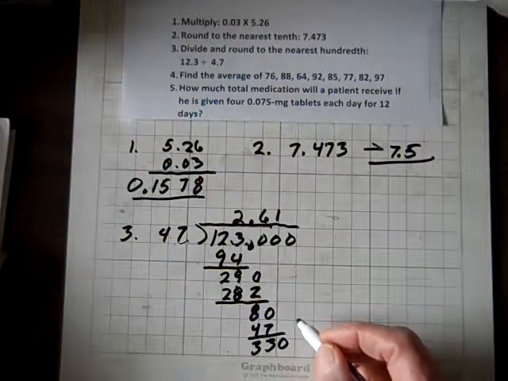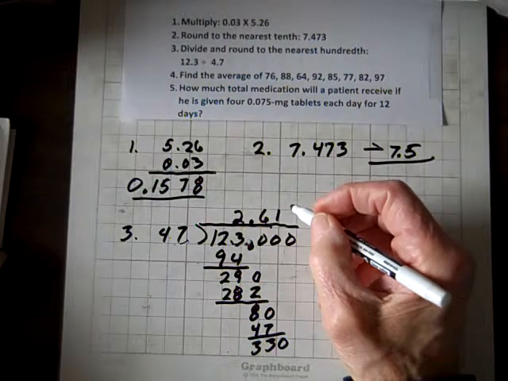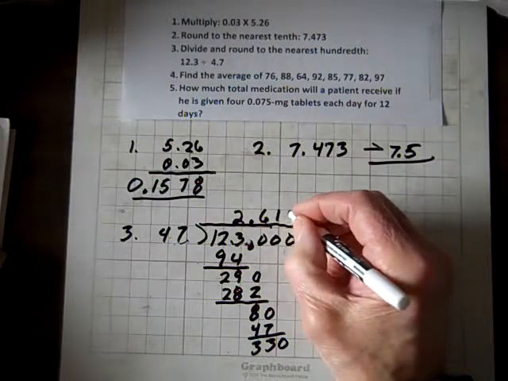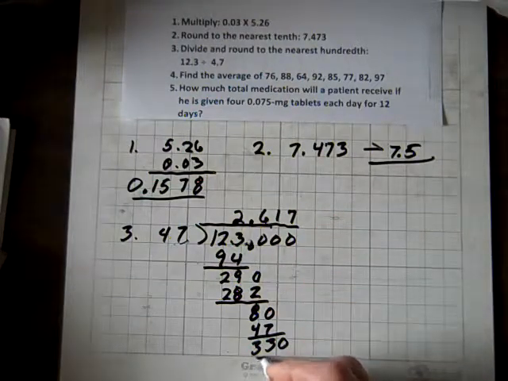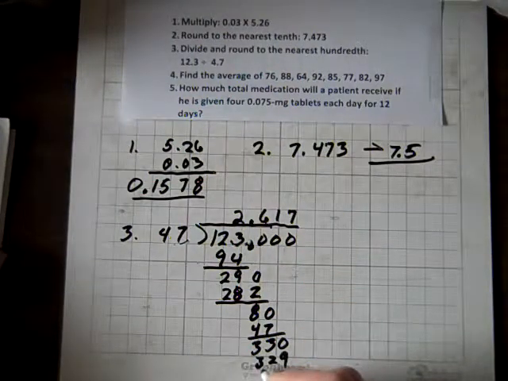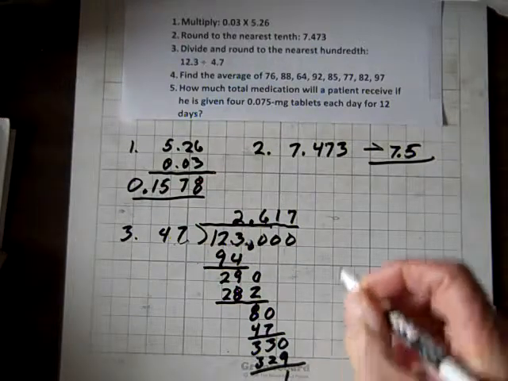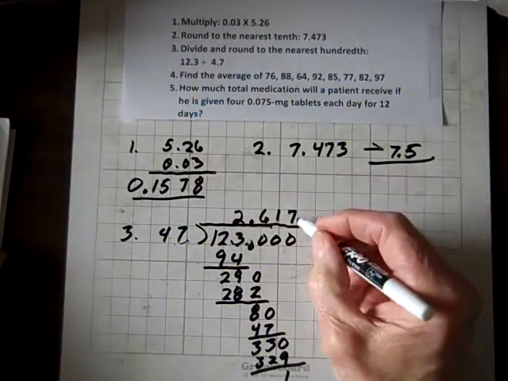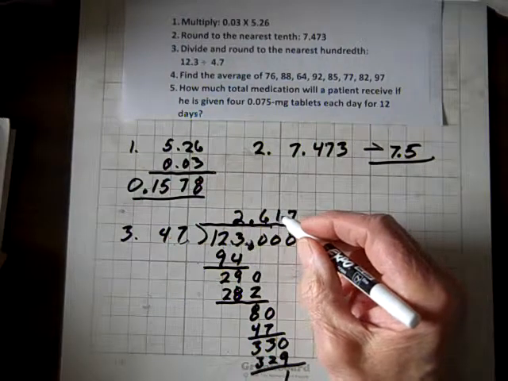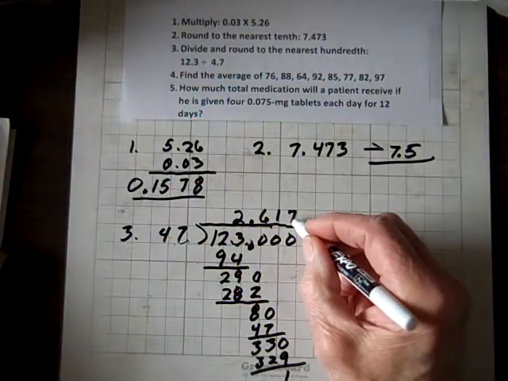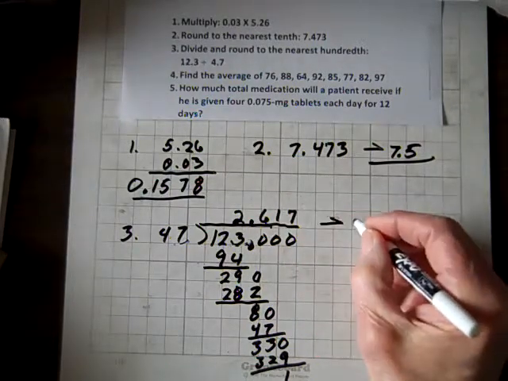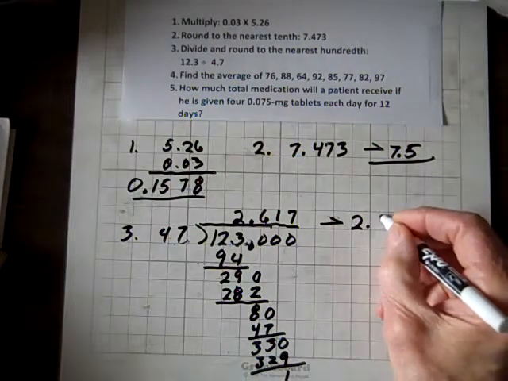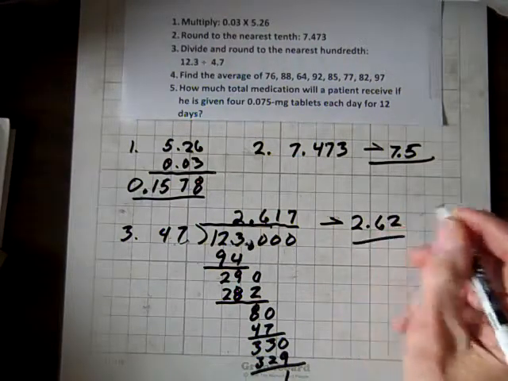Now one more time, let's multiply times 7, and when we do that, I get 329, and the difference is 1. But we're going to round to the nearest hundredth. So since the thousandths digit is a 7, that's greater than 5, this will become 2.62. And we're done with it.